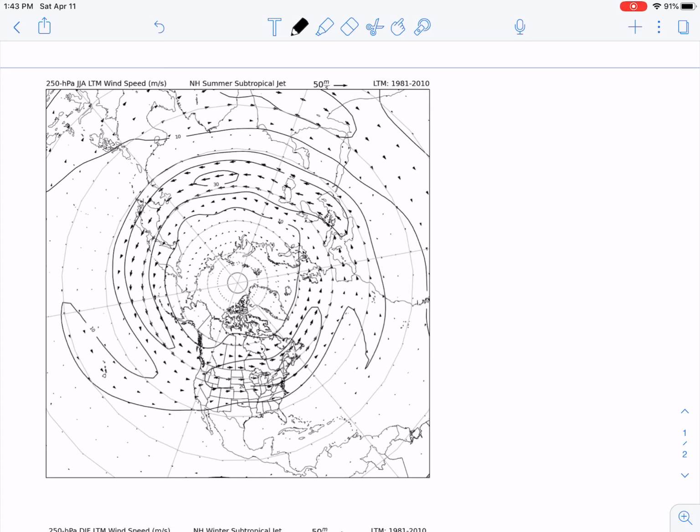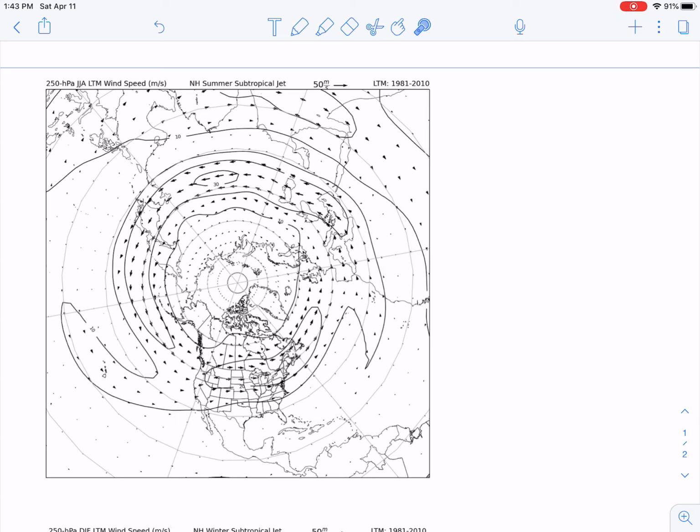We see a pretty weak 20 to 30 meter per second jet going around at kind of like 30-ish, maybe even a little bit farther north at this time of year. Maybe this looks like it's more around 45-ish or so. And we can see this nearly continuous pattern all the way through here. And again, this is averaged over June, July, August, 250 hectopascal long-term mean winds.